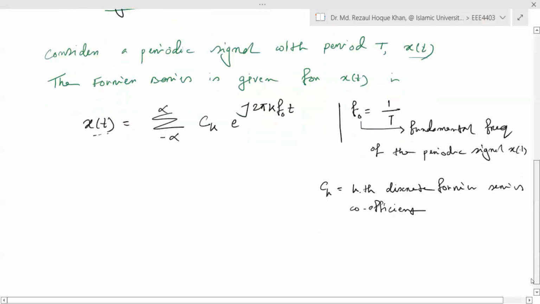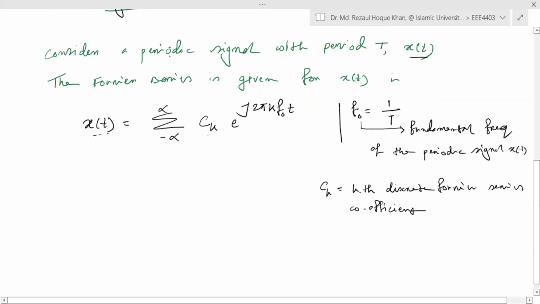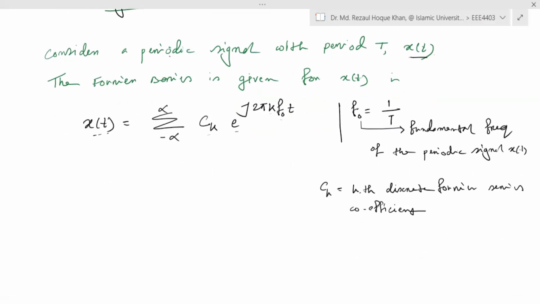So we expressed a Fourier series of a periodic signal, which is x(t) in our case, by this equation, where we define these two parameters, f0 and k. k is the kth, that's why c_k. We are considering a kth component, which is arbitrary.